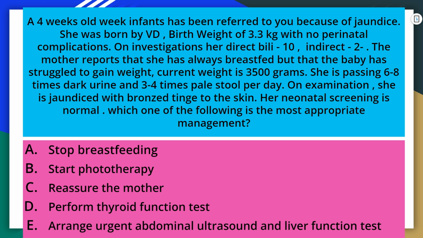Phototherapy will not reduce the level of jaundice. This baby doesn't have breast milk jaundice and requires immediate investigation, so reassuring the mother is also not an option. Hypothyroidism can cause unconjugated jaundice. This baby has direct hyperbilirubinemia, and to rule out biliary atresia and hepatitis and other causes, a full set of investigation has to be done. So option E is the correct answer.